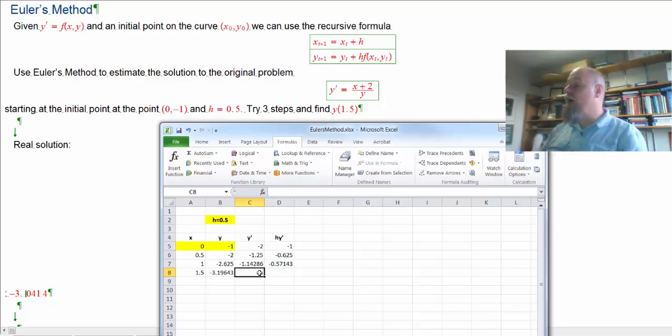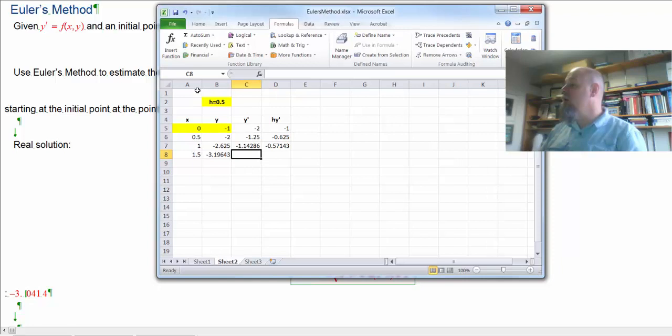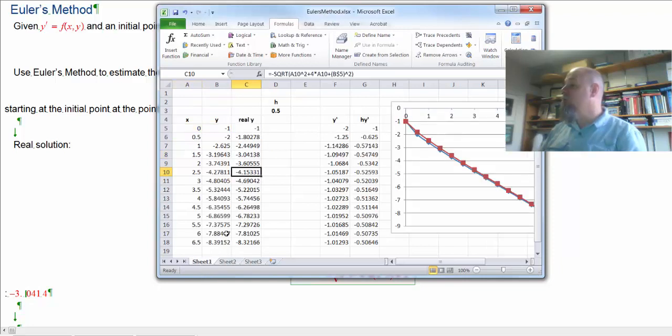If I wanted a better answer, what I should do would be to make a smaller step size. So here I'm interested in 3. When x is equal to 1.5, there's my Euler's method, there's my actual, with a step size of a half.